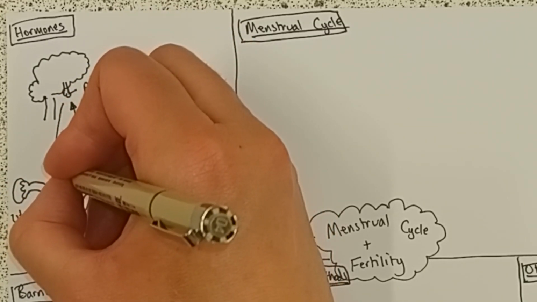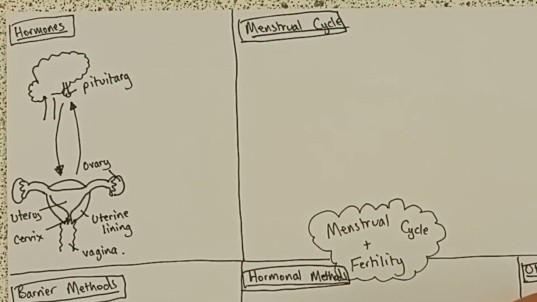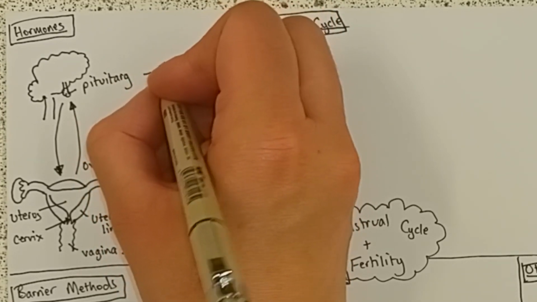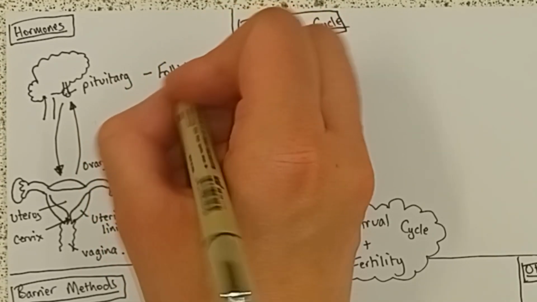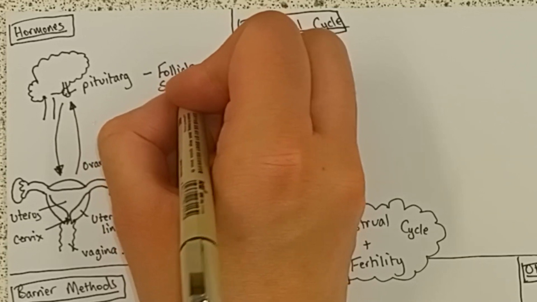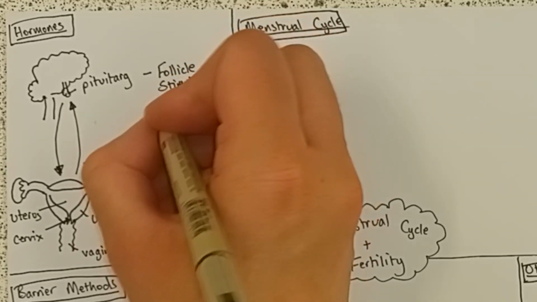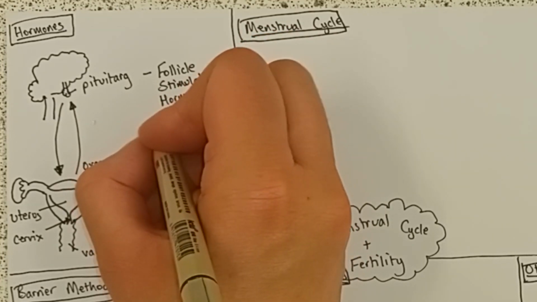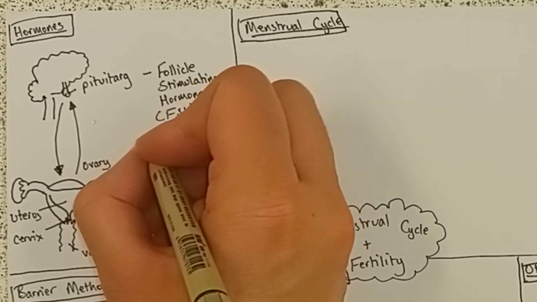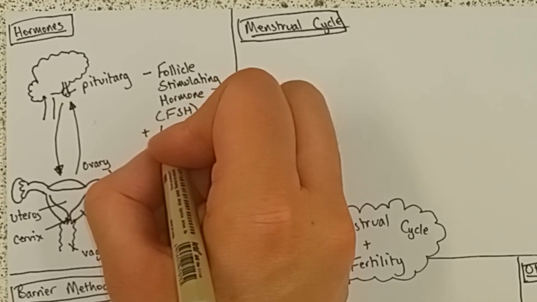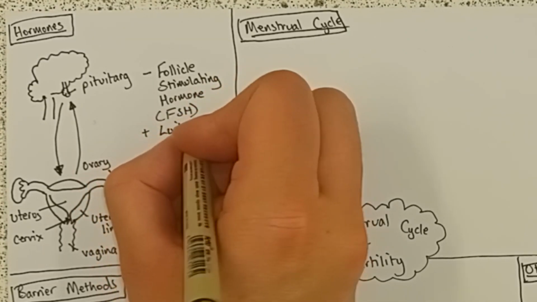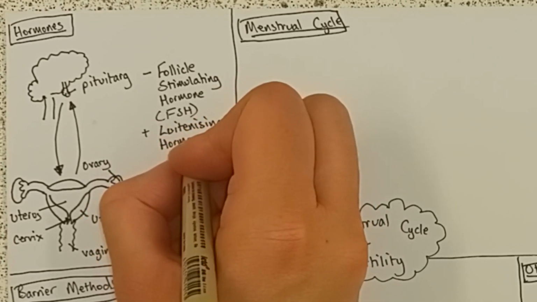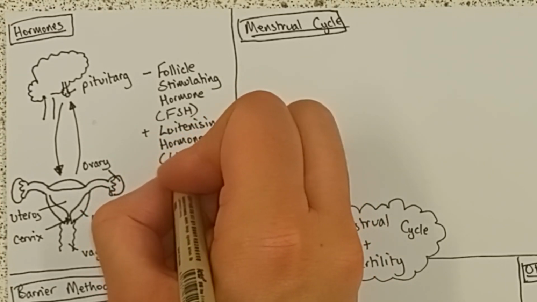Remember that hormones are chemicals that travel in the blood. So the pituitary secretes 2 hormones, follicle stimulating hormone, shortened to FSH, thankfully, and luteinizing hormone, LH for short.